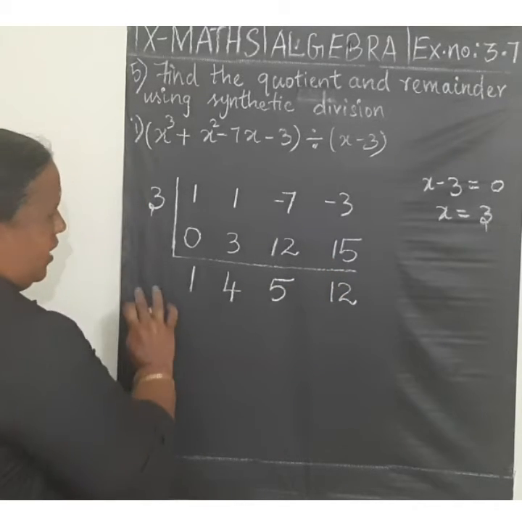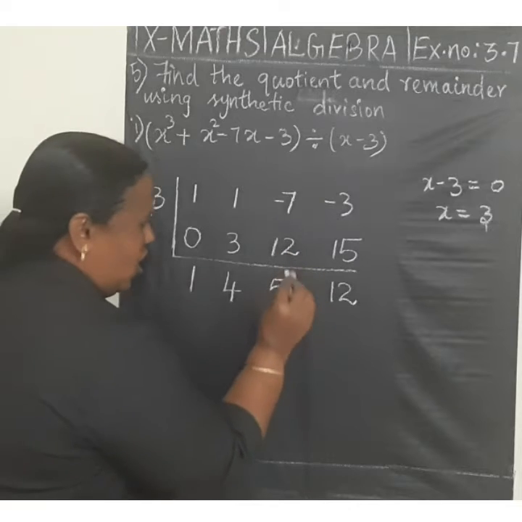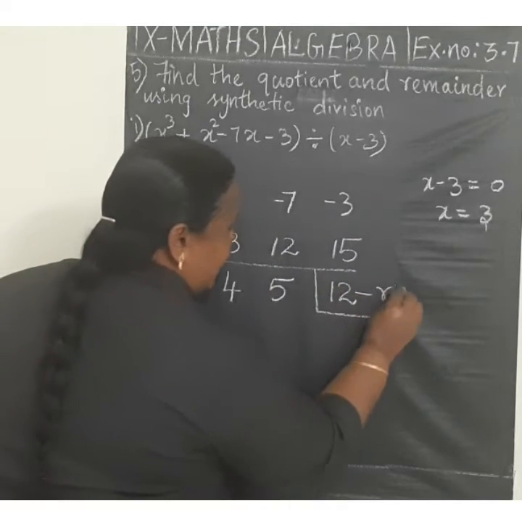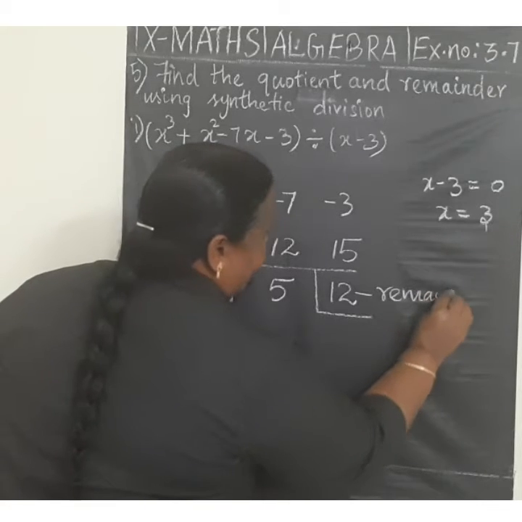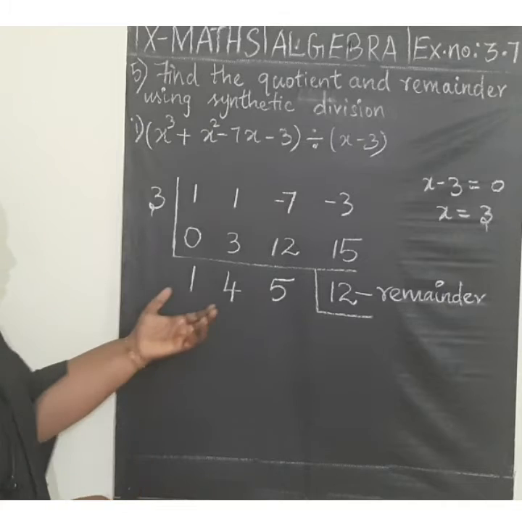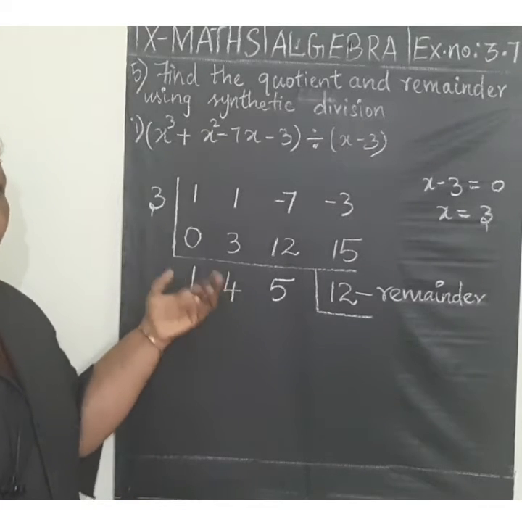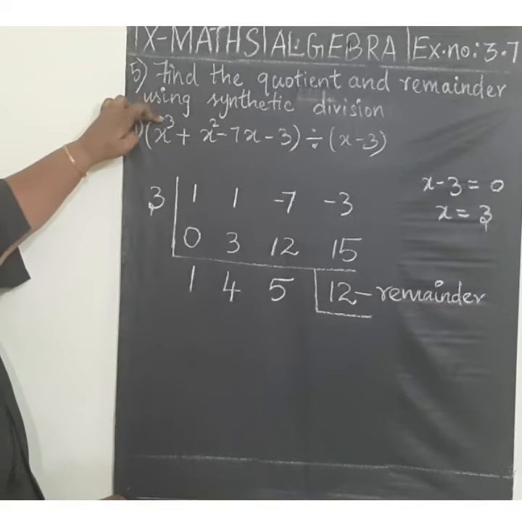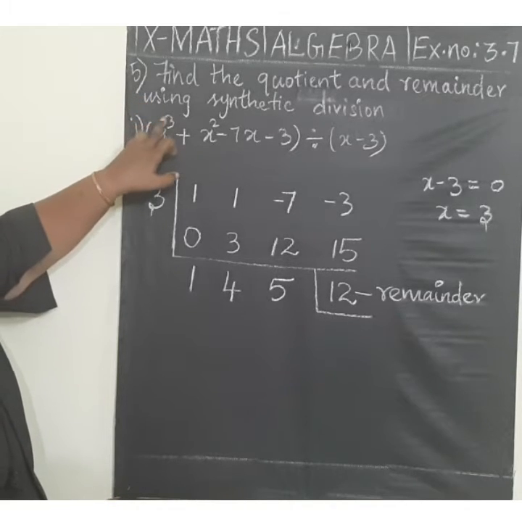Then after doing like this, the last one we have to consider as the remainder. This 12 is the remainder. Then the remaining portion we have to write as the quotient. Now the quotient is given in a x cubed, the highest degree is 3.